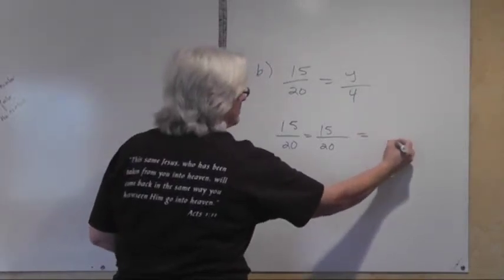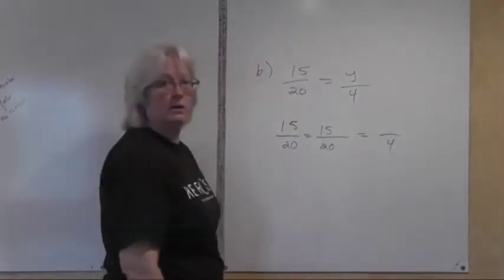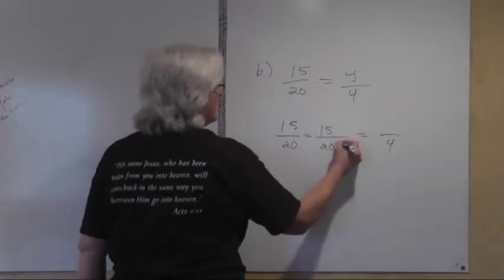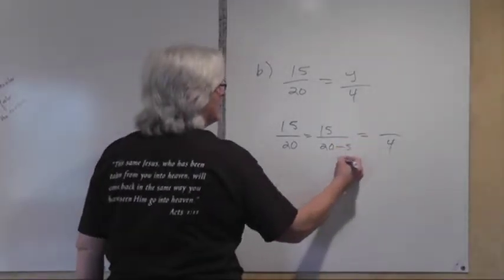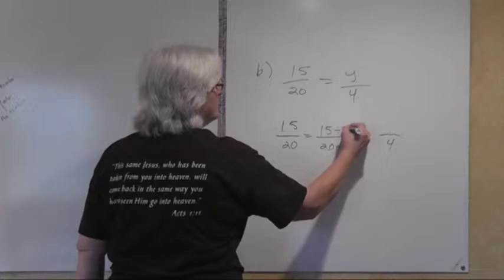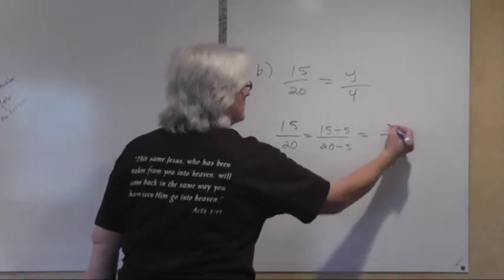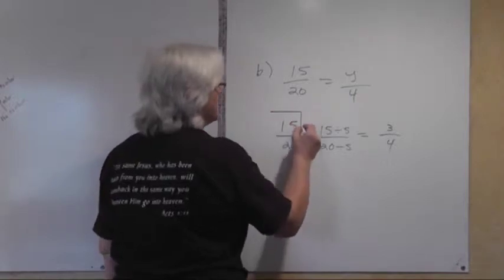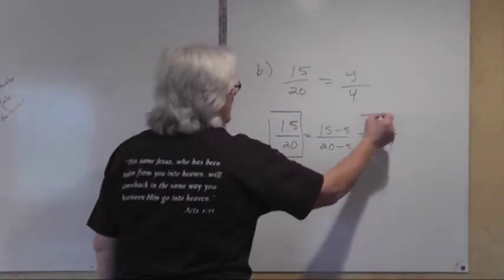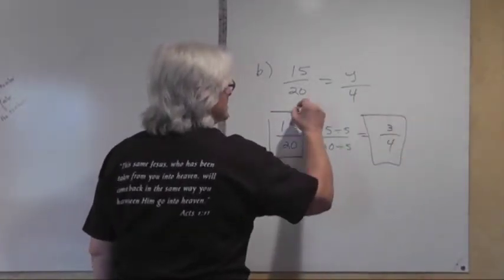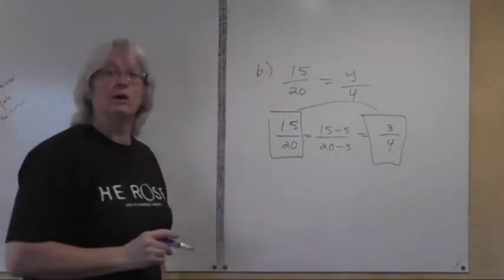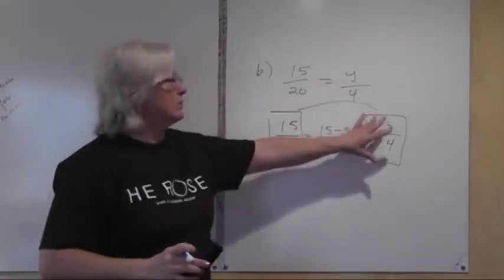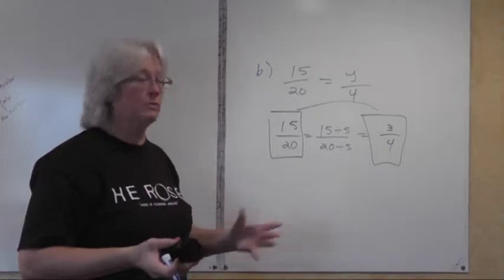How do you get 4 if you begin with 20? Well, you divide by 5. 20 divided by 5. Since we divided the denominator by 5, we also have to divide the numerator by 5, and we have an equivalent fraction. If we say here that y is equal to 3, then we have an equivalent fraction.